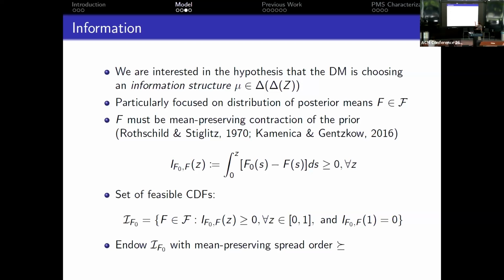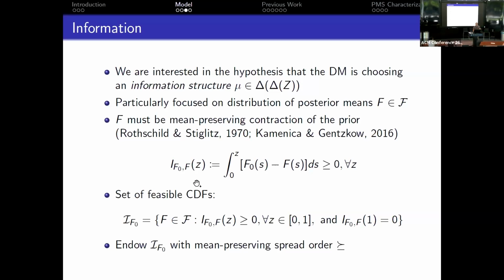So instead of focusing on mu, we're going to focus on capital F, which is a distribution of posterior means. And a requirement in order for this to be consistent with Bayes' rule is that the posterior distribution has to be a mean preserving contraction of the prior. So this ensures that this is a feasible distribution of posterior means given a particular prior distribution of the variable.